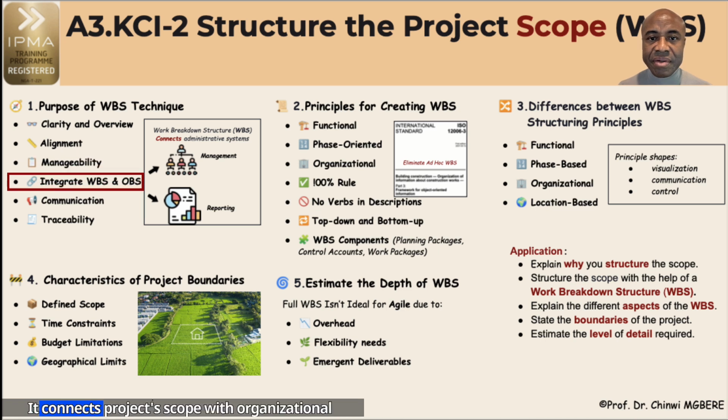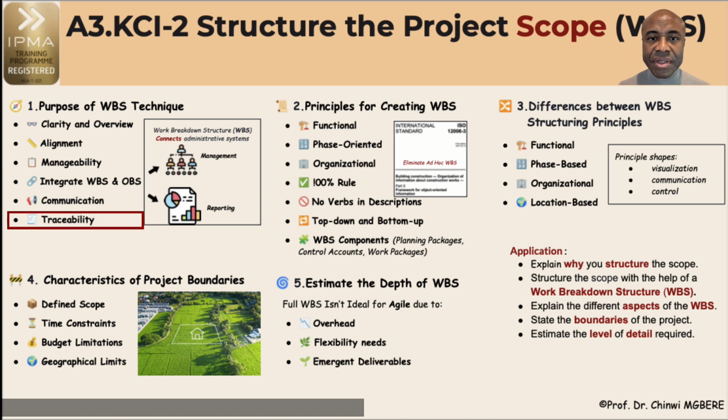It connects project scope with organizational systems like accounting, procurement, and reporting. It also facilitates a shared understanding among stakeholders. It links project deliverables to objectives, aiding in change management.